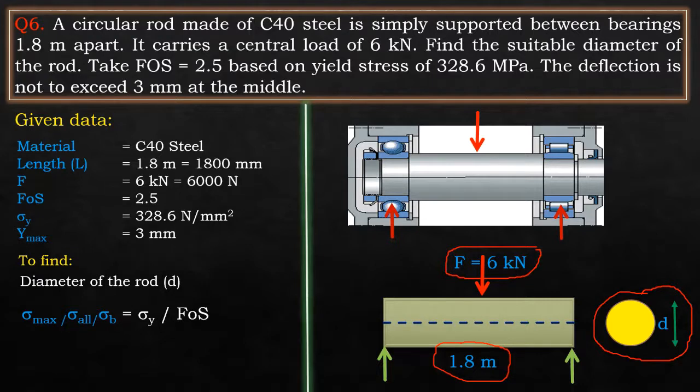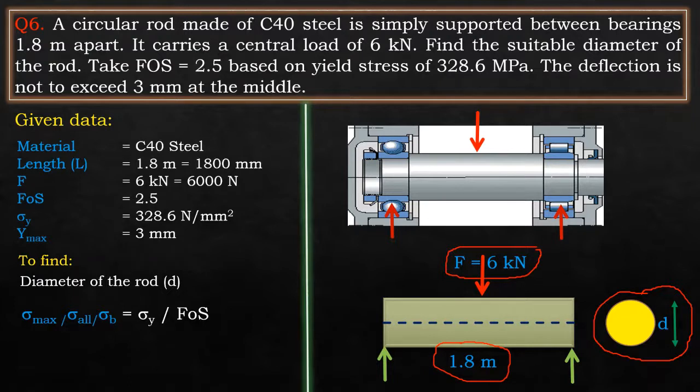Since he has given the factor of safety as well as the yield stress, we need to determine the allowable stress for this material. The allowable stress can be determined by dividing yield stress by factor of safety. Therefore, the allowable stress is equal to sigma y by FoS.